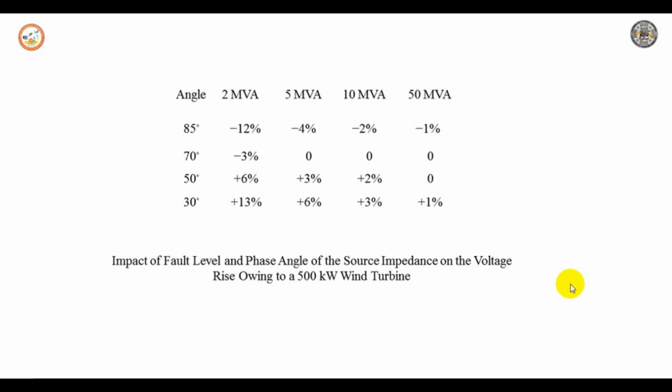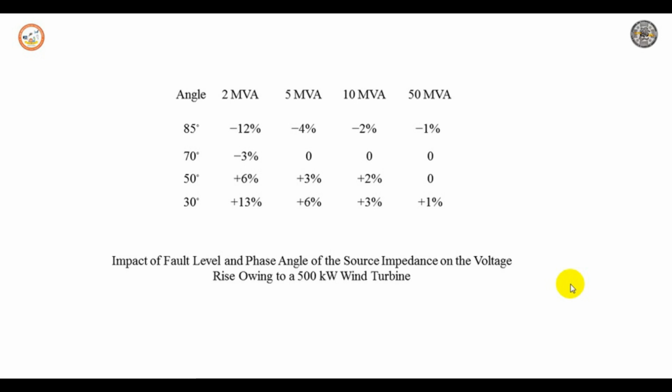If the phase angle is further reduced to 30%, here you can see a plus rise of 13% for 2 MVA, a 6% rise for 5 MVA, a 3% rise for 10 MVA, and only a 1% rise for 50 MVA.